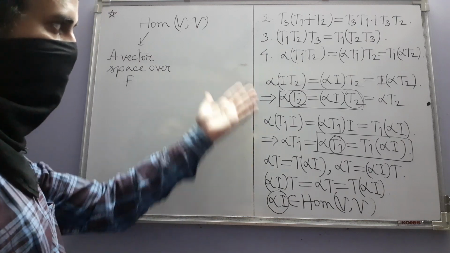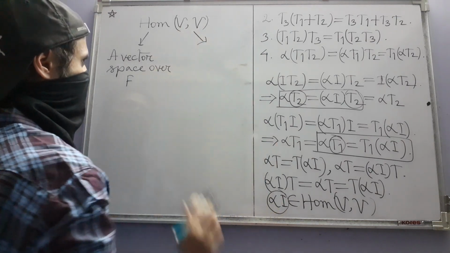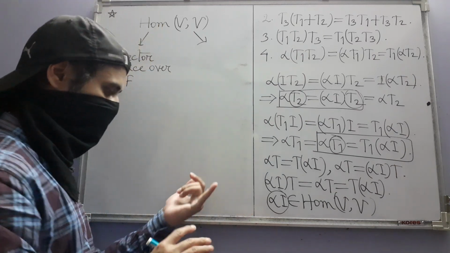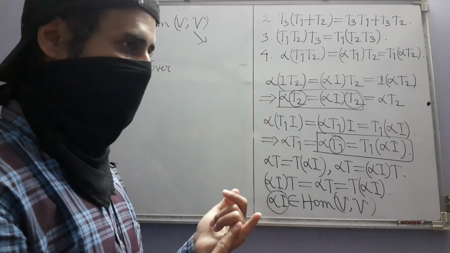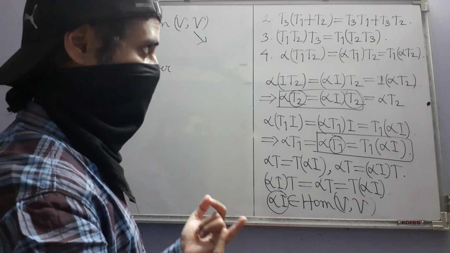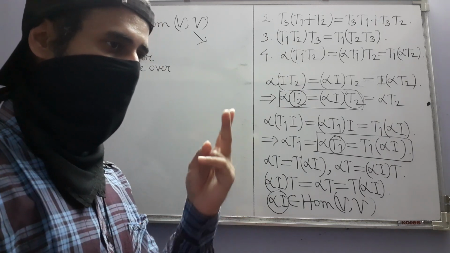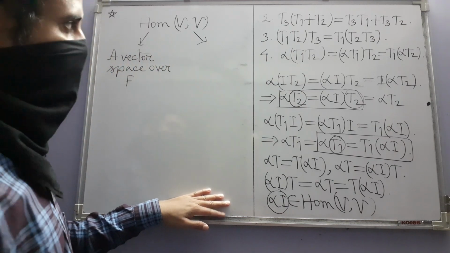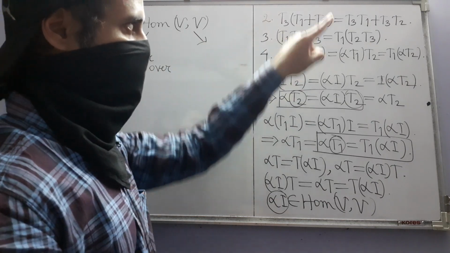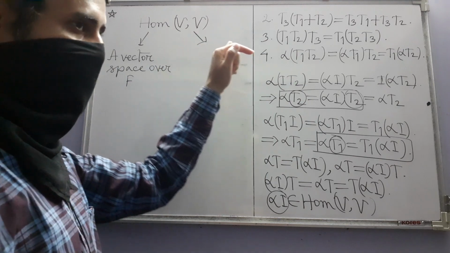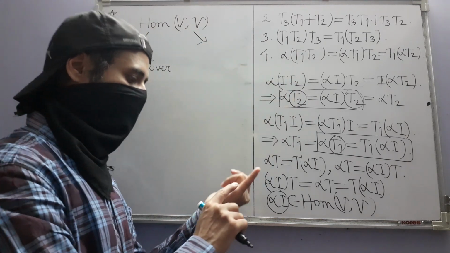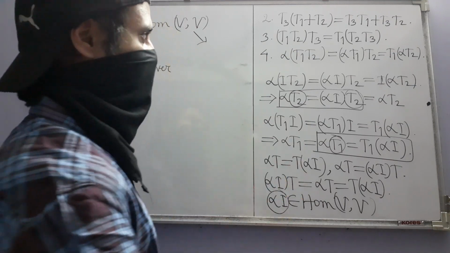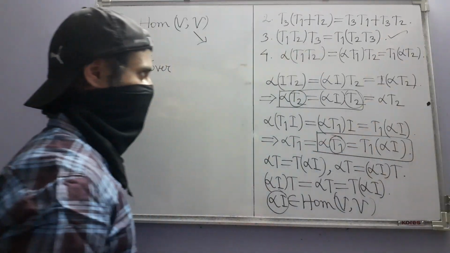Okay, we already knew before doing all these things. On the other hand, now watch this carefully. What is it that we did with the multiplication? First, we showed that this set is closed under our multiplication. Next, we proved that two distributive laws are true. The one that I wrapped up here and this one, where we have addition. And what is that addition? That addition is the addition you have in the vector space. So the set is closed under multiplication. The two distributive laws are true, and additionally the multiplication is also associative.